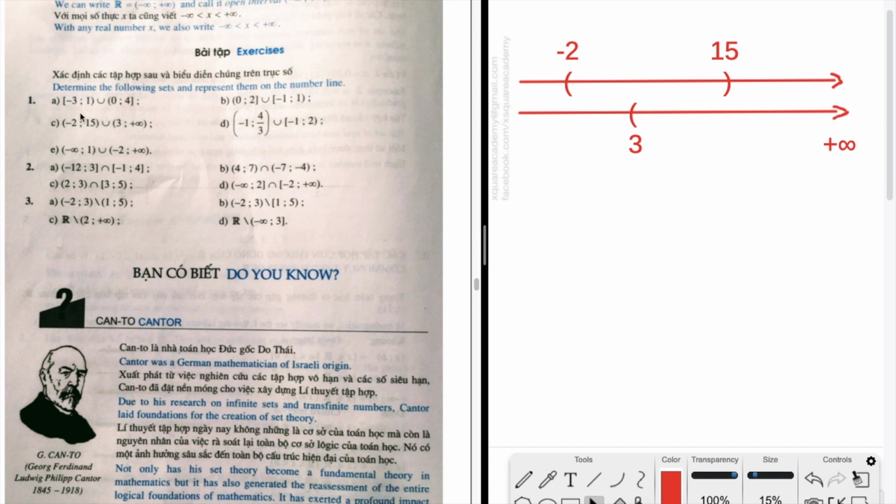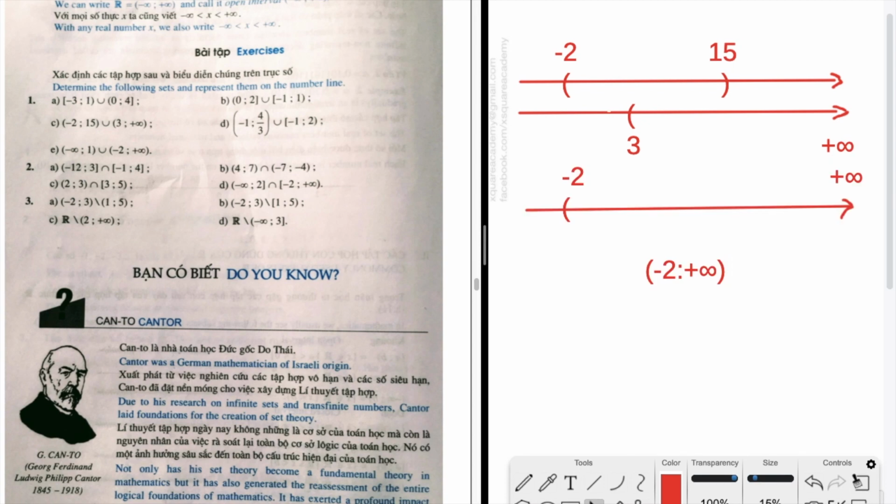C: the open interval from -2 to 15 union the open interval from 3 to positive infinity, and the result is an open interval from -2 to positive infinity. We take all the elements from the two sets, the first and the second.